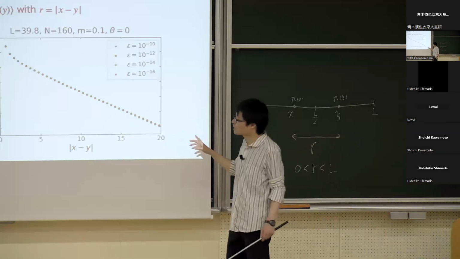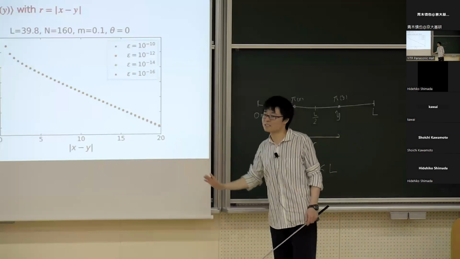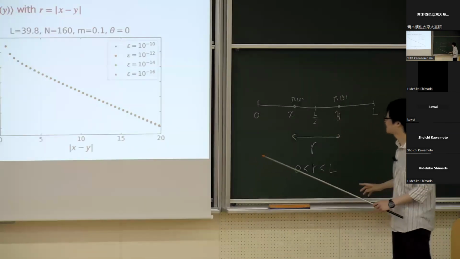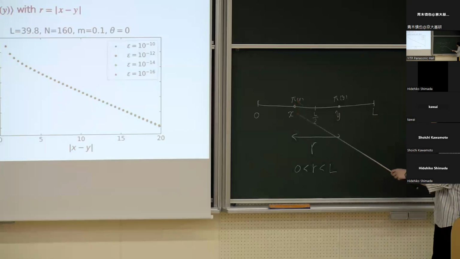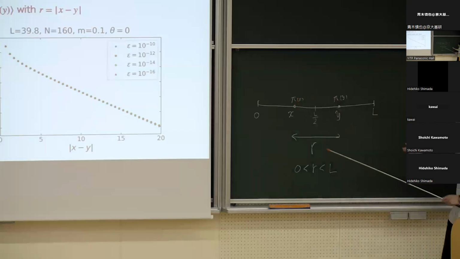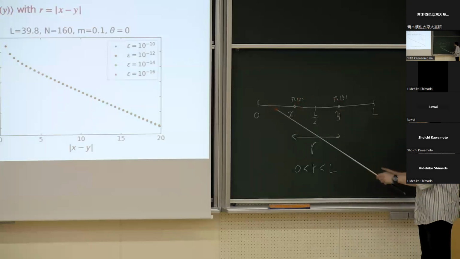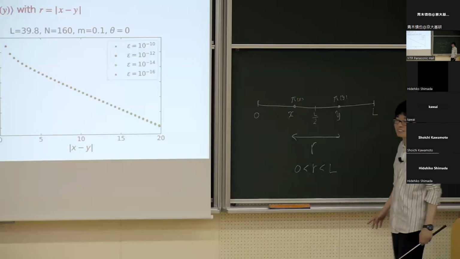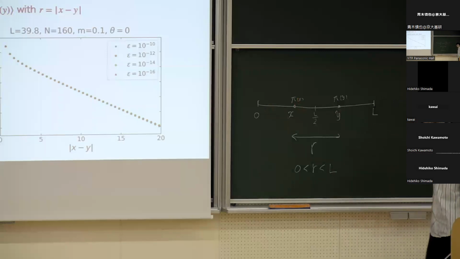So the boundary effect typically decays exponentially. If the point of the operator insertion is far away from the boundary, it's okay. But for the operator at y and the operator at x, the boundary is almost the same distance, so both of them have the same exponential damping, the same order.